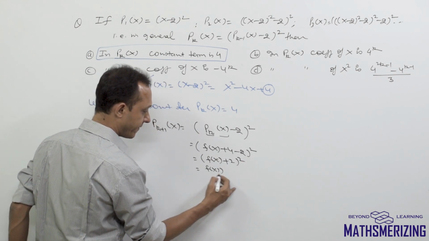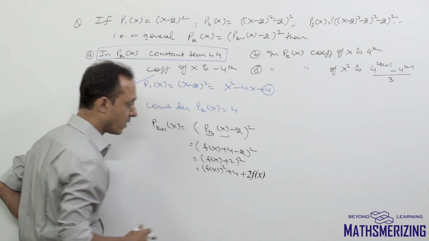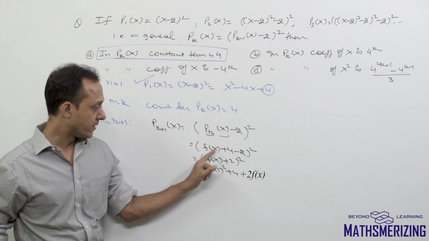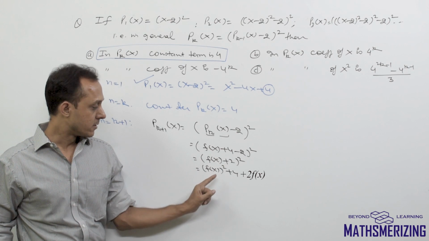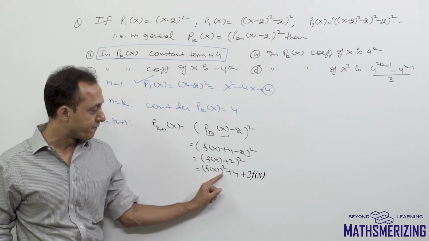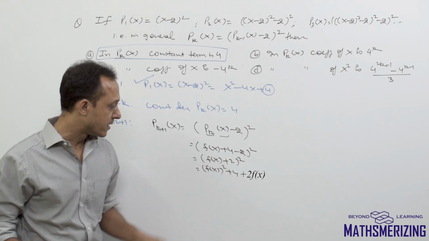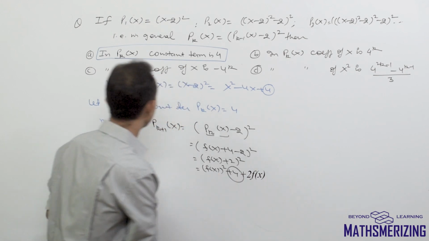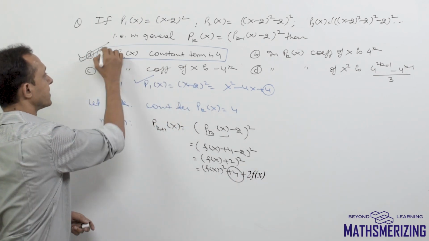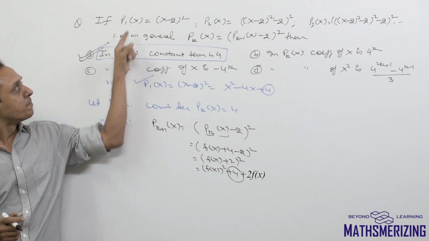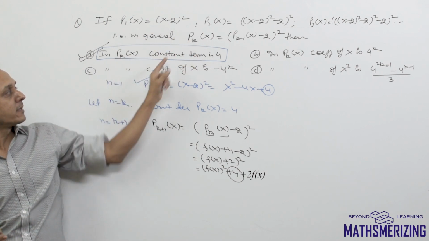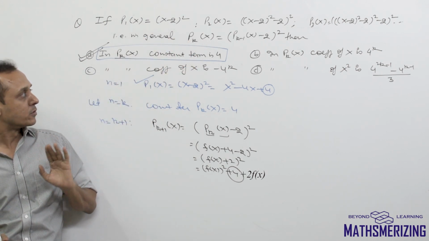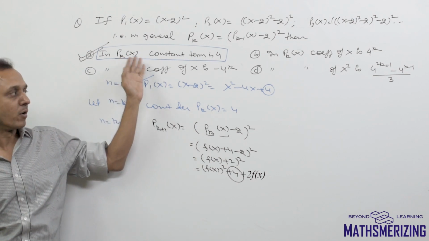So it will be simply f(x) square and then plus 4. Now in this f(x), there is no constant term. So this f(x) is clearly a function of x. So for p(k plus 1)(x), the constant term again is simply 4. So option number A is correct. In any of these polynomials p1, p2 and pk(x), the constant term is simply 4, independent of the value of n or k.